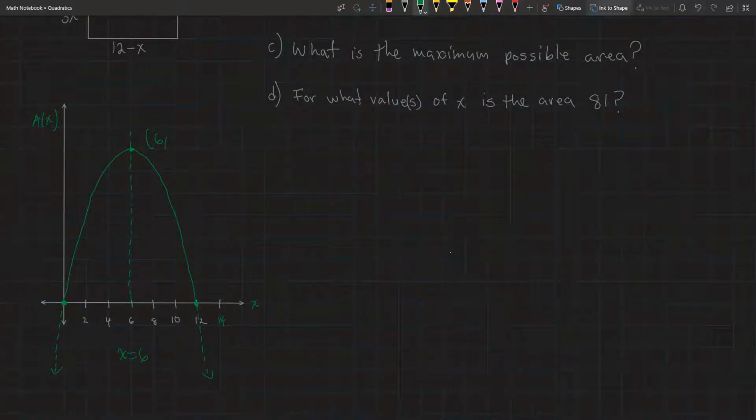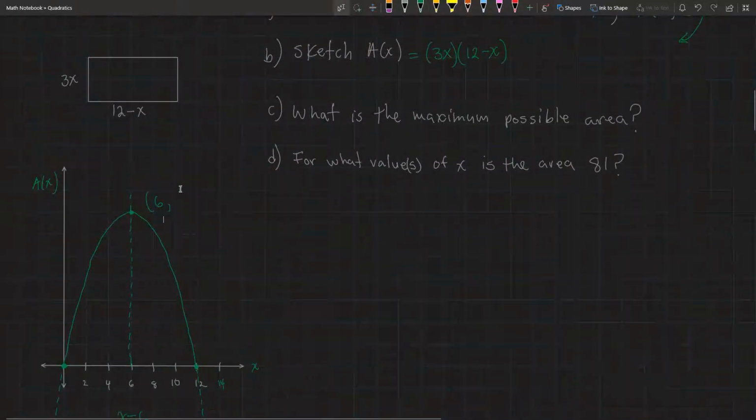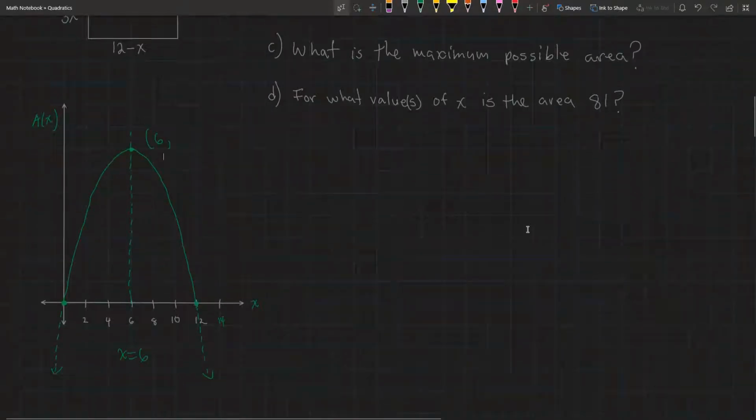Remember, this parabola represents the area of the rectangle, and the y value, if you think of it that way, represents the area. So we want to evaluate letter C. We want the area when x equals 6. And the factored form says 3 times 6 times 12 minus x. So I'll let you do that at your own pace.